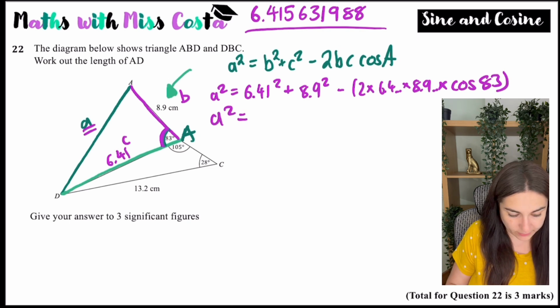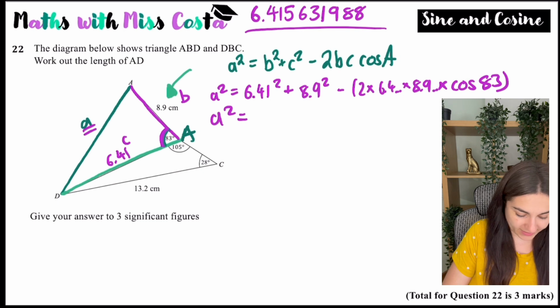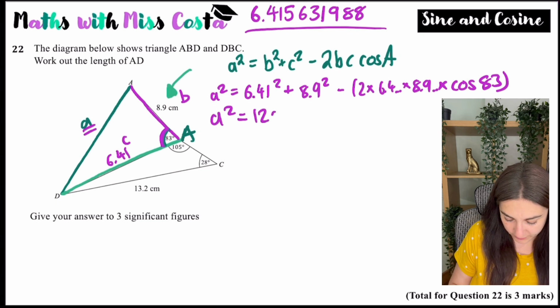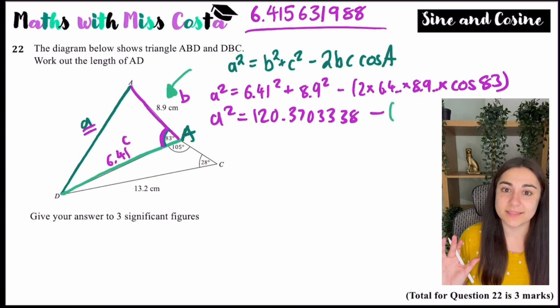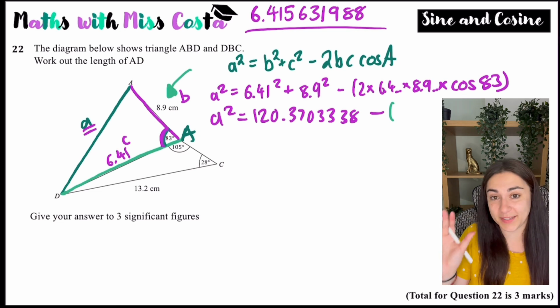So a squared is equal to, so I've got my answer squared plus 8.9 squared equals 120.3703338. I always tend to just do it in two parts just because it minimizes the risk of a miscalculation, a typing error, exam madness.